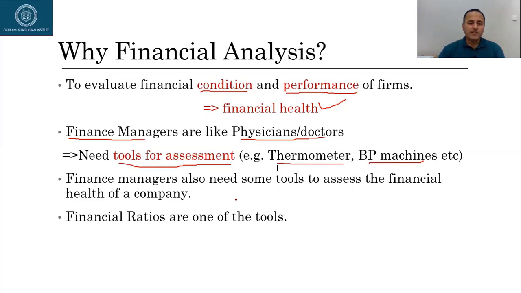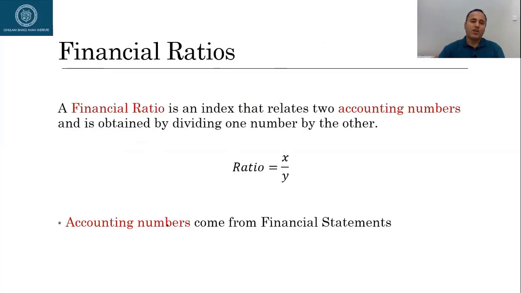Finance managers, as I said, are just like physicians. They also need some tools to assess the financial health of a company, and one of the tools is financial ratios. Financial ratio, as the name suggests, is just like any other ratio. It's an index.